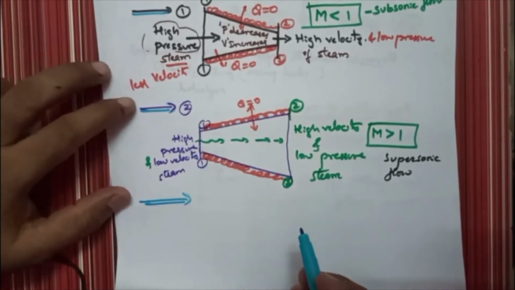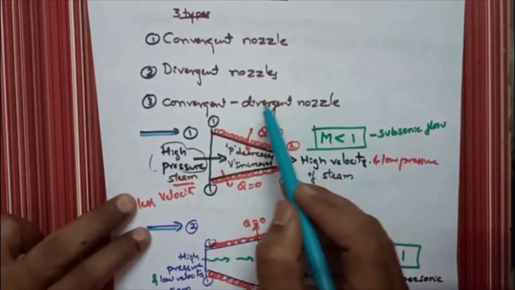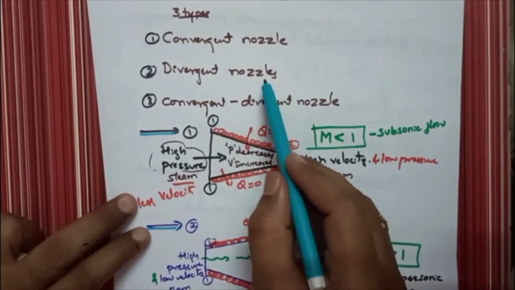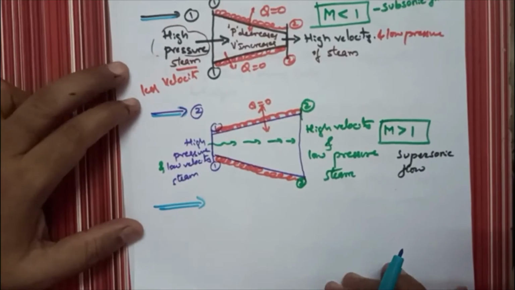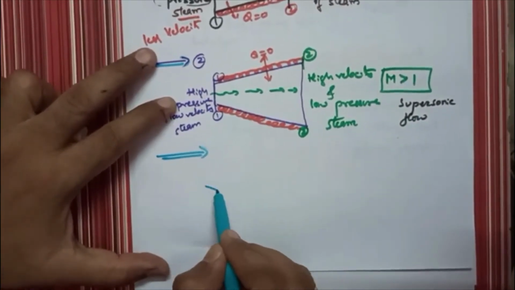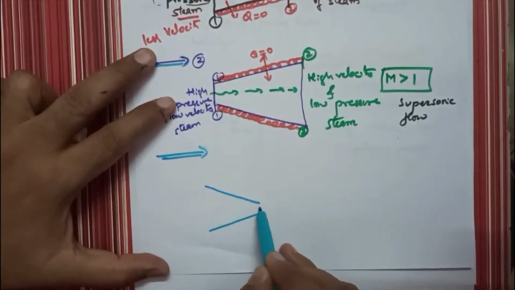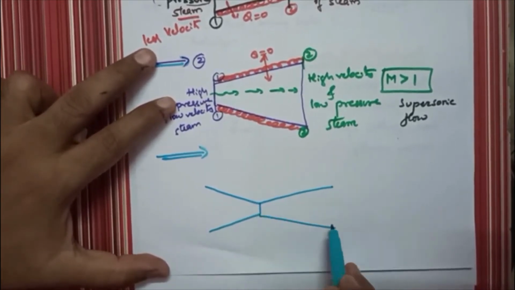The third type of nozzle is the convergent divergent nozzle. As the name indicates, it is a combination of both 1 and 2. In the convergent divergent nozzle you have to be careful that the length of the convergent part should be less, and the length of the divergent part should be more.